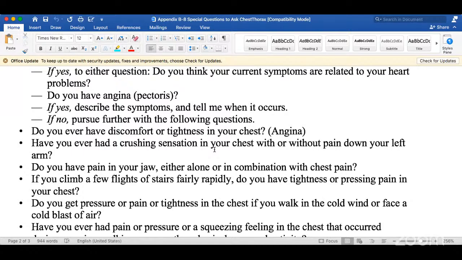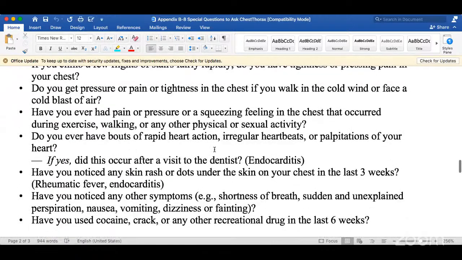We said the jaw, the neck, the trapezius muscle, the shoulder, and then the medial part of the left forearm and arm. So how do you ask the questions to be able to know if that distribution is there, so that you will not be suspecting the musculoskeletal system, because this is a distribution of a cardiac presentation?